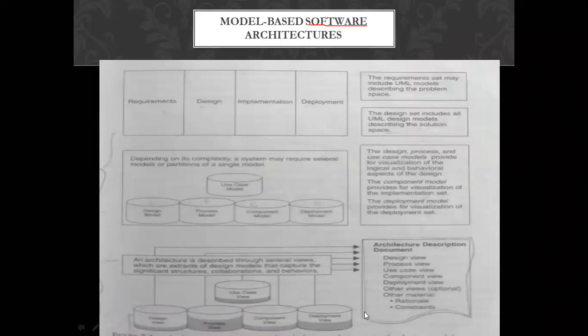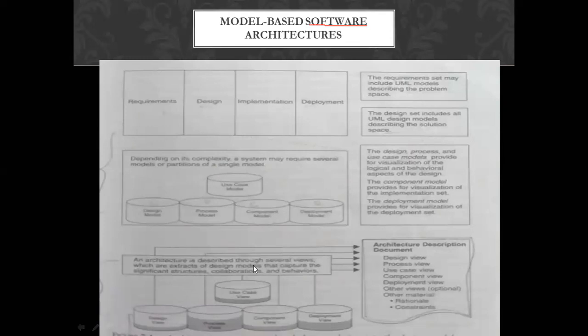In this diagram, as I told you before moving to the theoretical part, these are the phases that are being shown. Some views are there, and how these components, use case, and design view work, at which phase and at what level they are working.